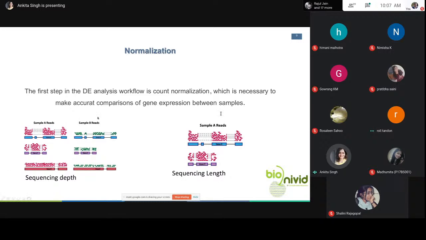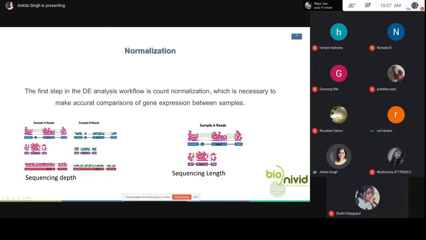This particular kind of normalization is done via any of the many tools for differential gene expression. Some of the tools do it inbuilt, and they have their different methods. If you have come across RNA-seq data, you must have read people telling the expression in terms of FPKM, RPKM.